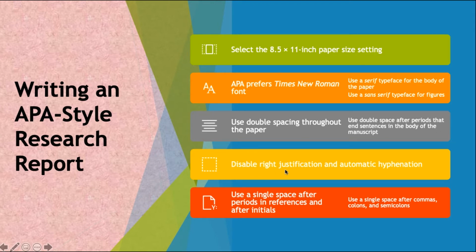Disable right justification and automatic hyphenation. In APA we don't have right justification. Use a single space after periods in references and after initials. Use a single space after commas, colons, and semicolons.